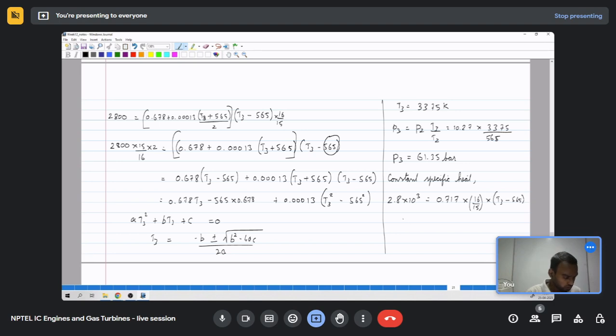Now T3 can be easily calculated, so that is T3 is 565 plus 2800 into 15 divided by 0.717 into 16. Can you calculate the value of T3?